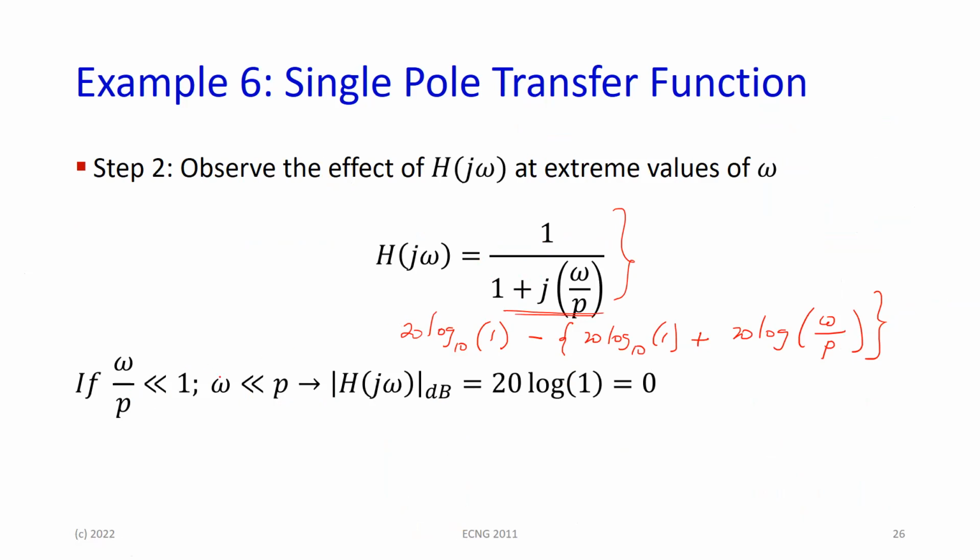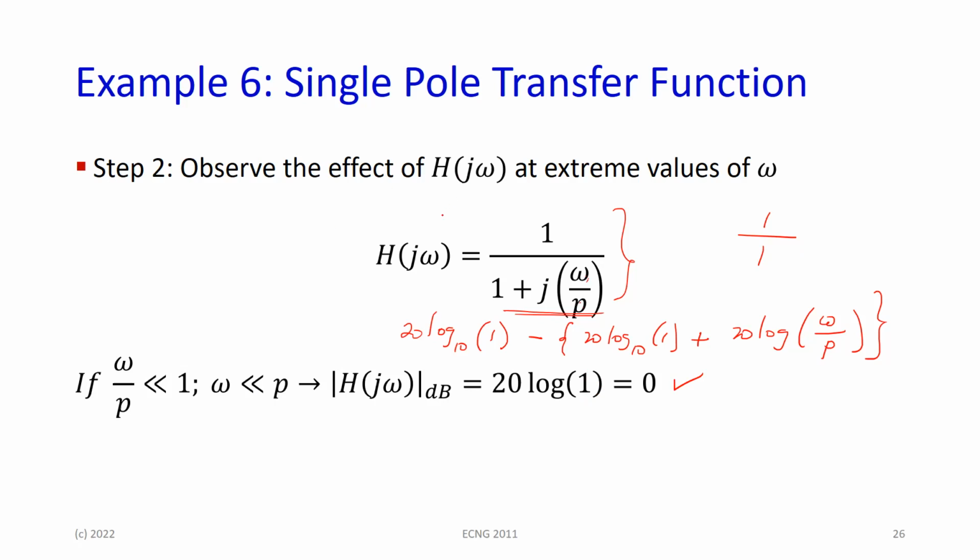If omega over p is much less than 1, then basically H of j omega is going to be 1 over 1, and in decibels, 20 log of that is going to be 0. Make sense? Could you explain why, please?